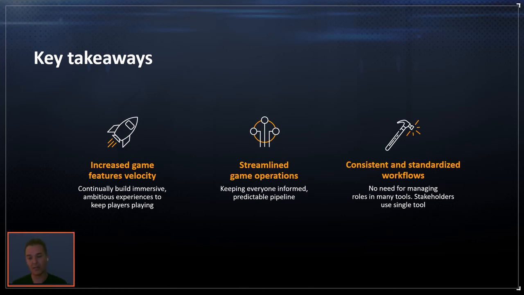And the last thing is that this process is a consistent and standardized workflow. Why is it important? Because you might want to have another game, right? And you don't have to have snowflake operations for each game and create all kinds of runbooks and playbooks for different games. So that's the consistency.